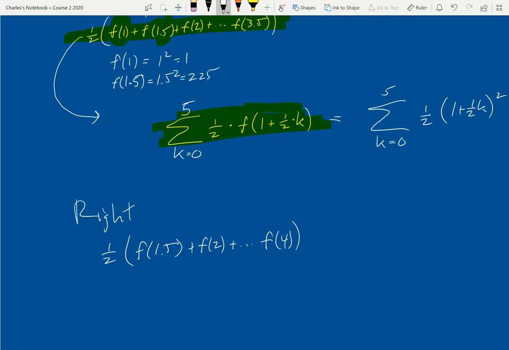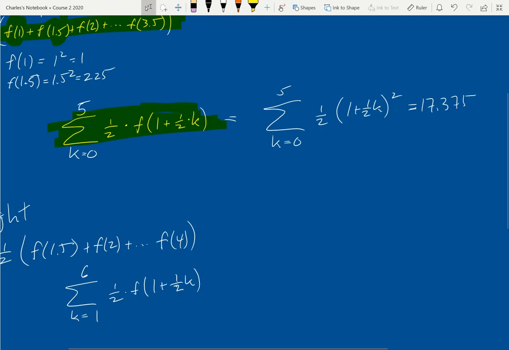If I want to write it in summation notation, it's kind of convenient because only one thing changes, and that's the value that I start k at. Instead of starting k at 0, I'm going to start k at 1. And I'm going to go, instead of to 6 minus 1, all the way up to 6.